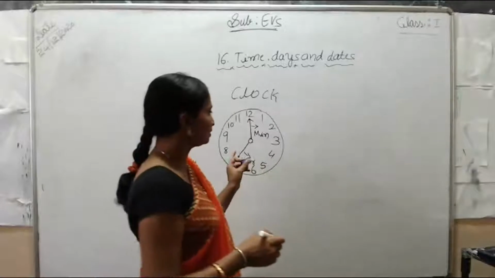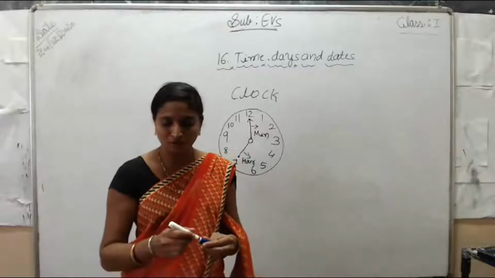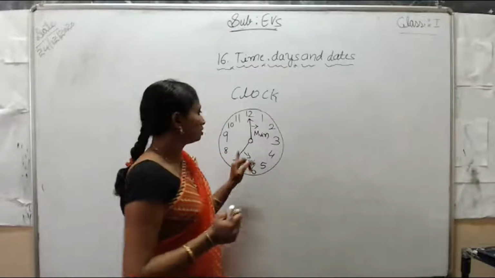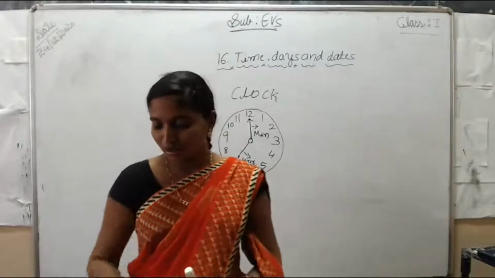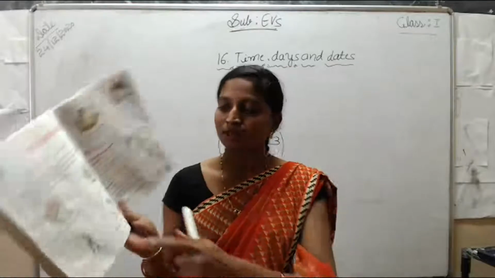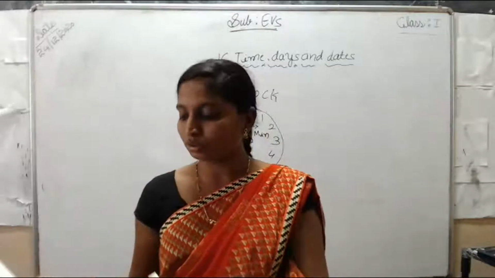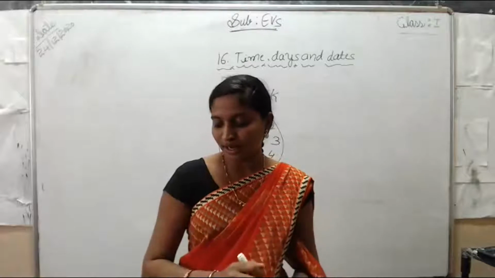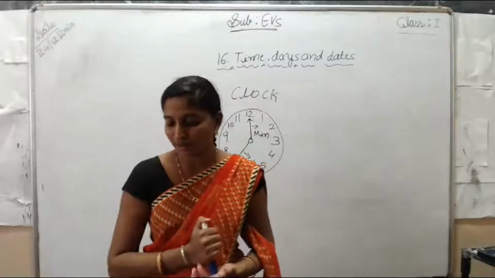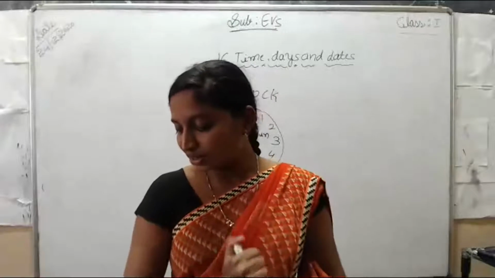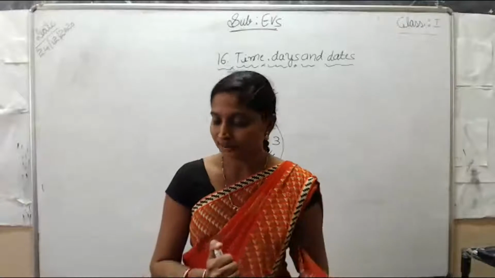What time will it be? 7 o'clock. We have to write 7 o'clock and show it on the clock. You have to write what time you get up in the morning and draw the hands of the clock and tell the time.